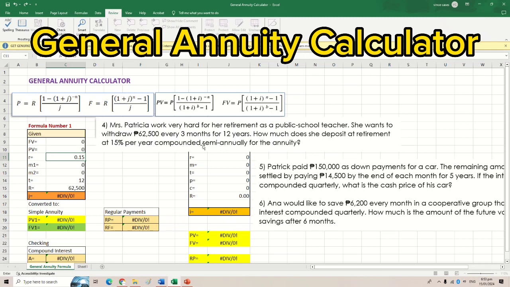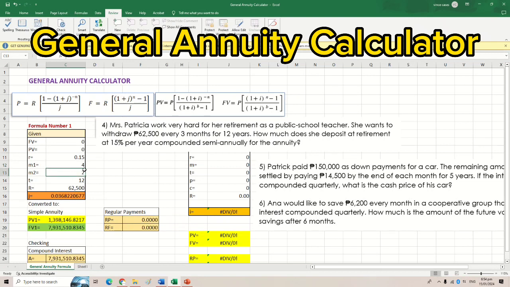Now we put this in our M2, the original compounding period, so that is twice a year. And then the M1 is the compounding period that is adjusted so that it will match the payment interval, that is 3 months. So we'll change this semi-annually into quarterly. 3 months is quarterly, and quarterly is 4 times a year. So our M1 is 4.